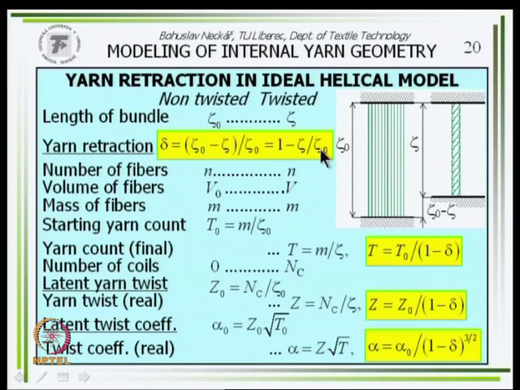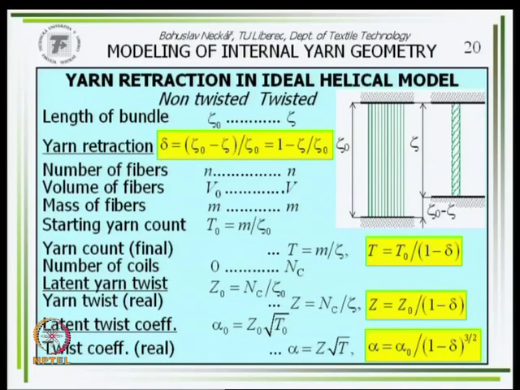It was the starting quantities. Now in our set of slides are 3 versions of the model for yarn retraction. We will comment only on the second one. We will skip the first one and the third one. It is not too necessary to say it here.